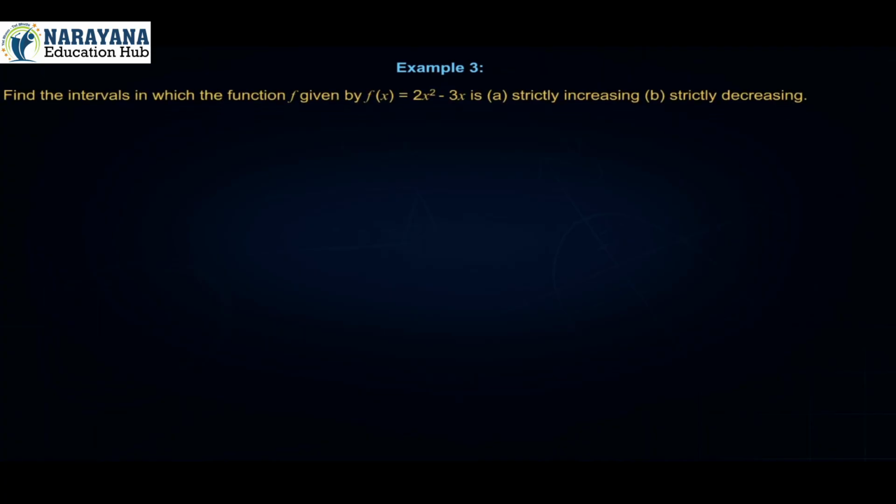Example 3. Find the intervals in which the function f given by f of x is equal to 2x square minus 3x is a. Strictly increasing, b. Strictly decreasing. Solution: f of x is equal to 2x square minus 3x. Therefore, f dash of x is equal to 4x minus 3.